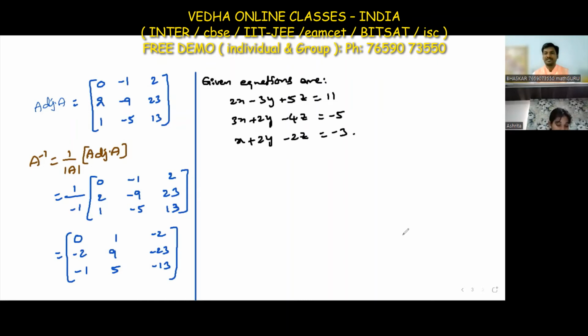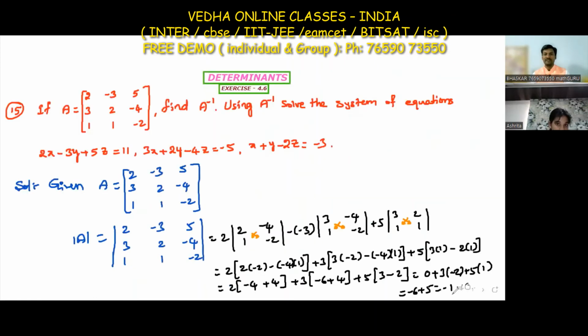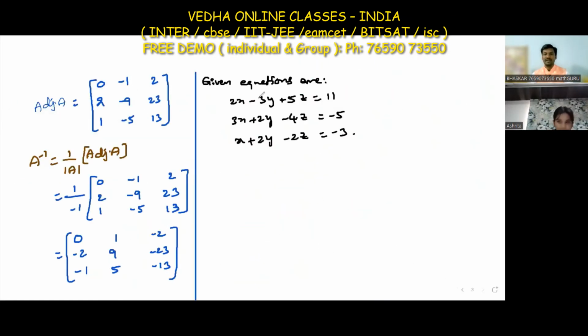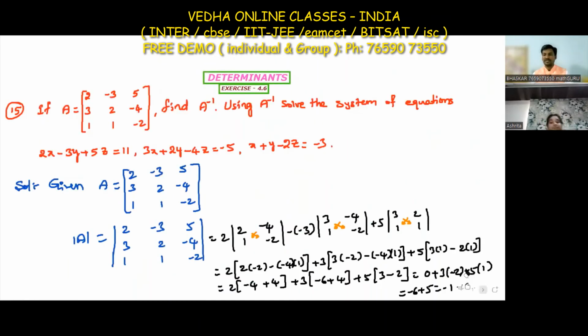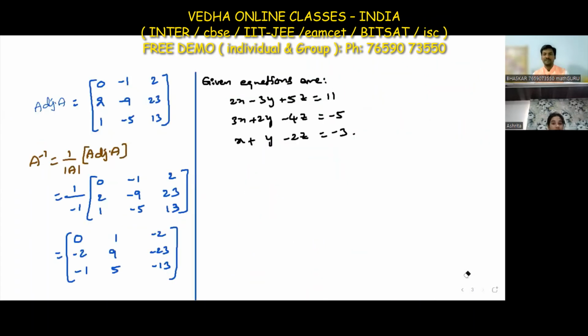Just check it once again. 2x minus 3y plus 5z is equal to 11, x plus y minus 2z is equal to -3, and 3x plus 2y minus 4z is equal to -5.